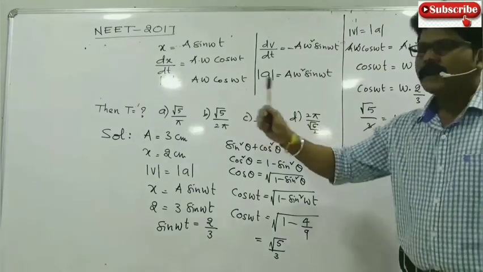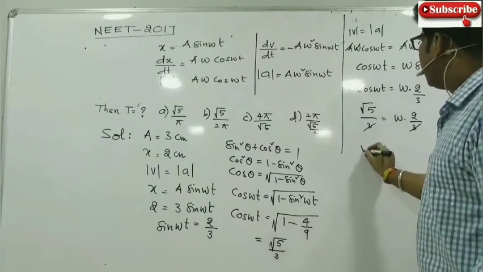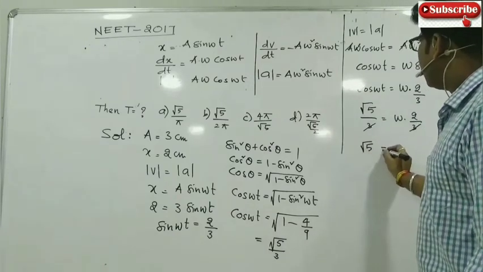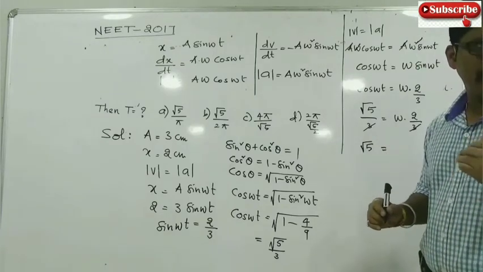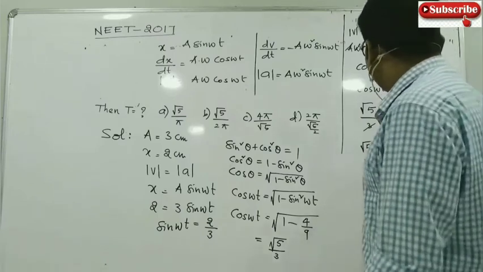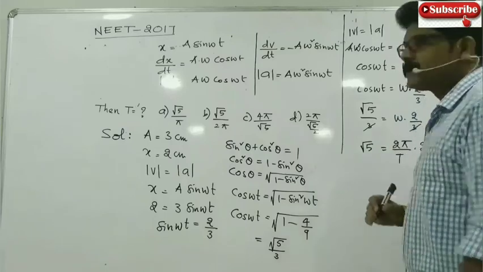Now what we require is the time period. How to calculate the time period? Root 5 equals omega into 2, and omega can be written as 2 pi by T. So 2 pi by T into 2. Am I right?